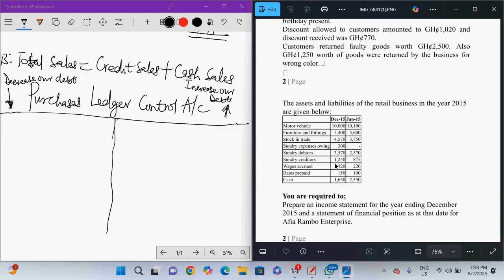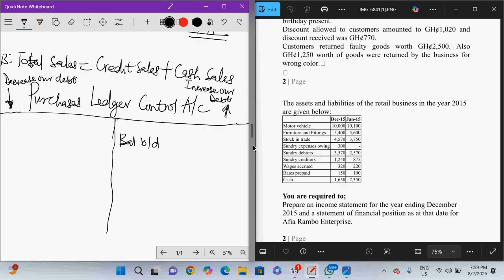We have 1,240 at the closing, and the beginning is 875. Is the creditors ledger control account having a debit balance or a credit balance? Credit balance. So the opening balance would be here.